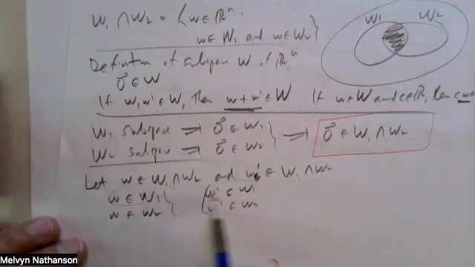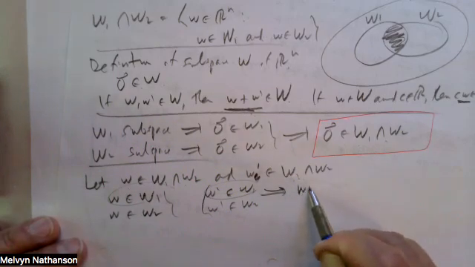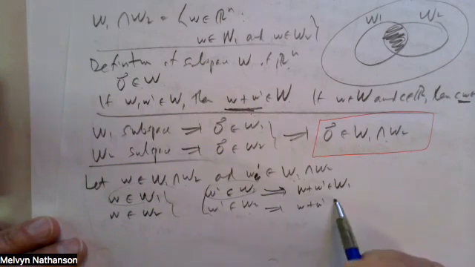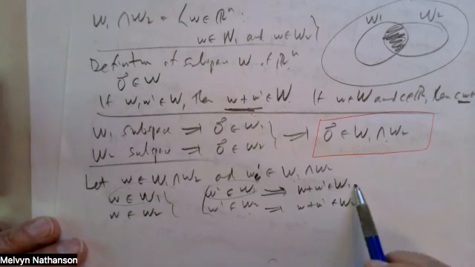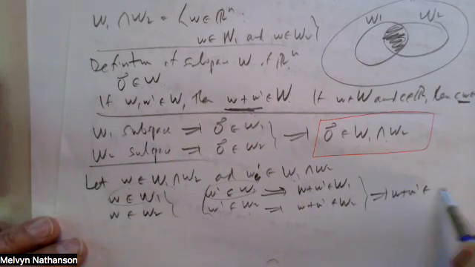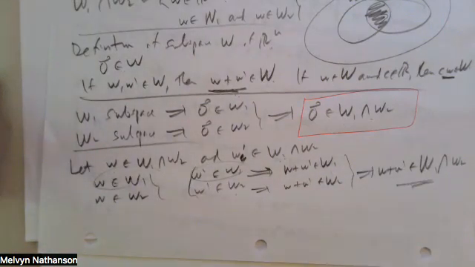But if W and W prime both belong to W1, then W plus W prime is in W1. And if the vectors W and W prime both belong to the subspace W2, then W plus W prime also belongs to W2. And it belongs to both of them. So W plus W prime is in their intersection. So this is the proof that the intersection is closed under vector addition.